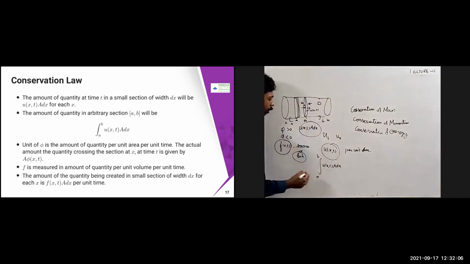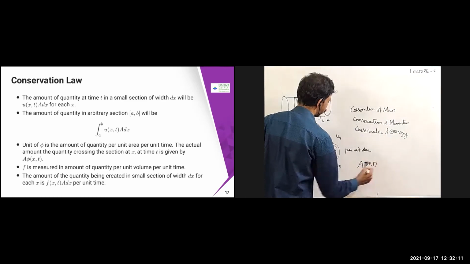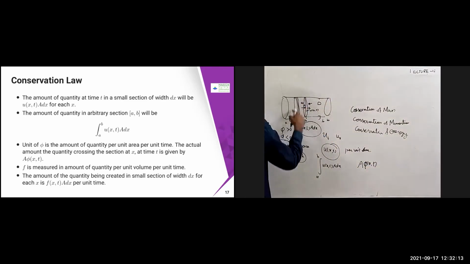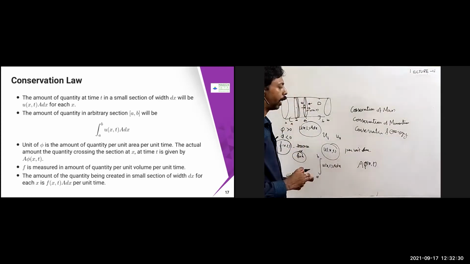Because phi is the amount of quantity which is leaving and entering, you are going to have A into phi of x. That is the actual amount of quantity crossing the section at x at time t, which is given by A into phi of x. Similarly, f can also be measured in the same way.